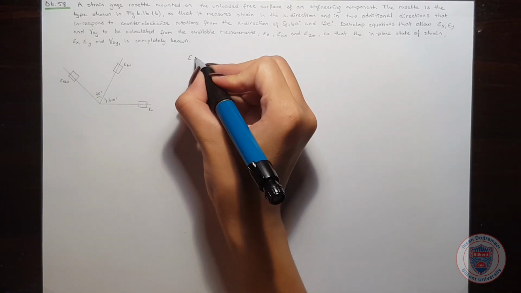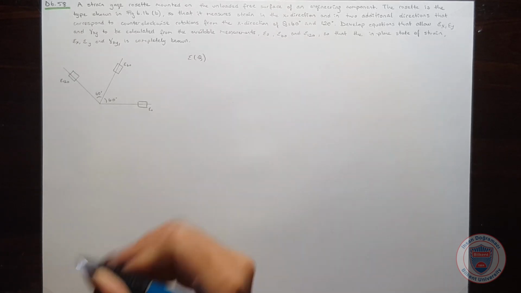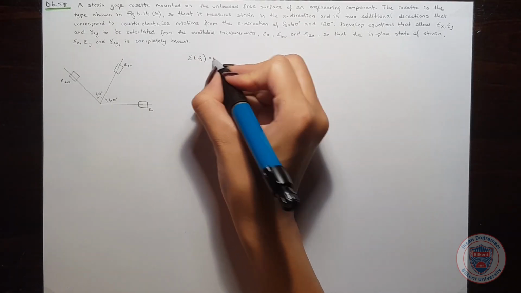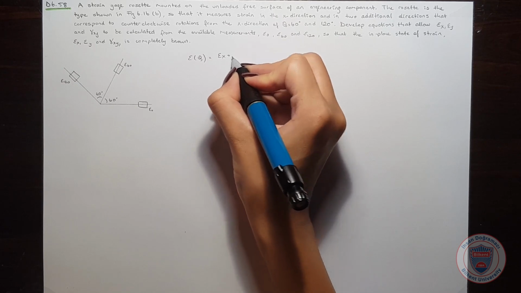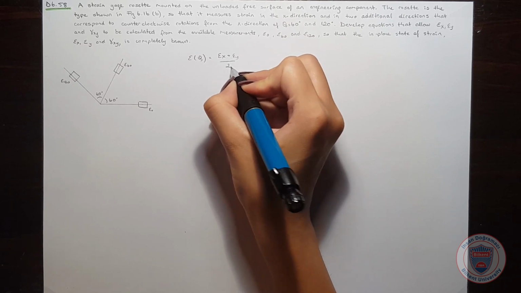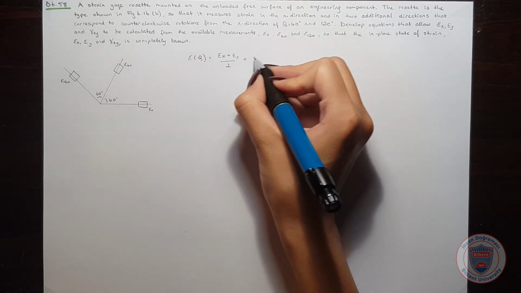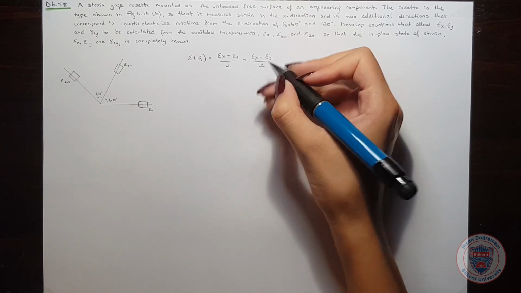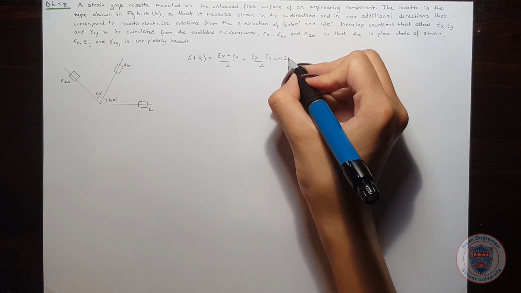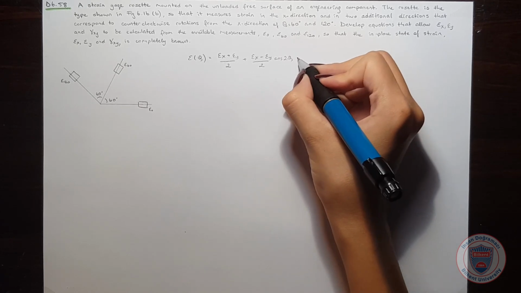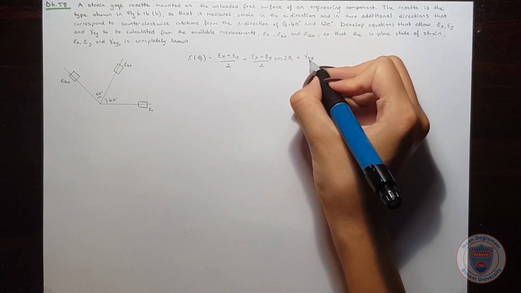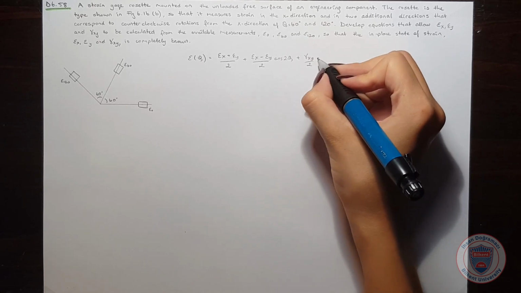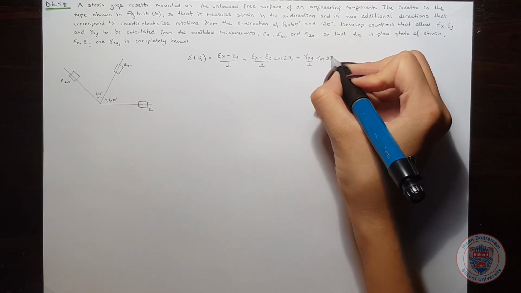We know that strain at an angle theta is equal to (epsilon x plus epsilon y) over 2, plus (epsilon x minus epsilon y) over 2 times cos 2 theta, and finally plus gamma xy over 2 times sin 2 theta.